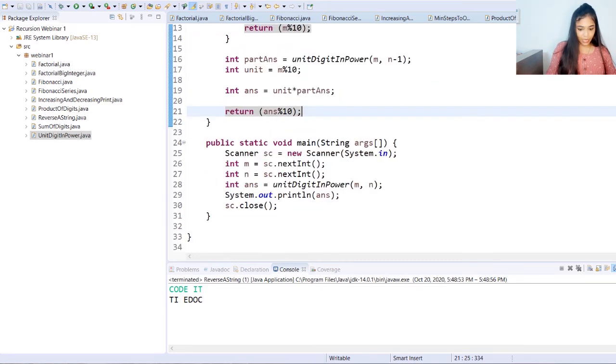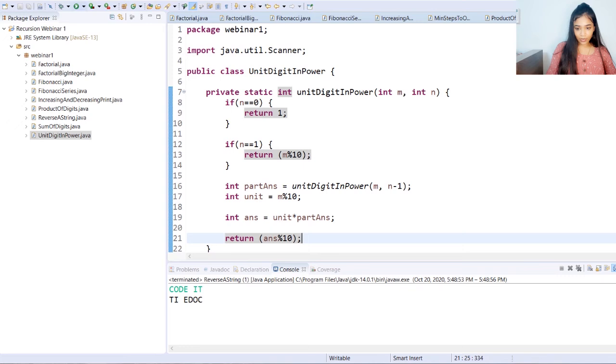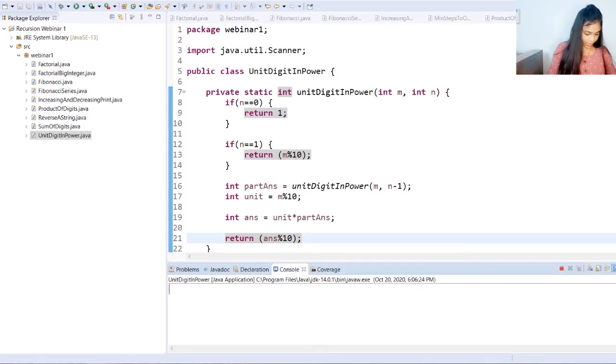That's it. All right, so now let's run this, and let's say I want to find 3 power 4. So 1, because 3 power 4 is 81, it's giving me 1, right? And then we have 2 power 5, 2, because 2 power 5 is 32.